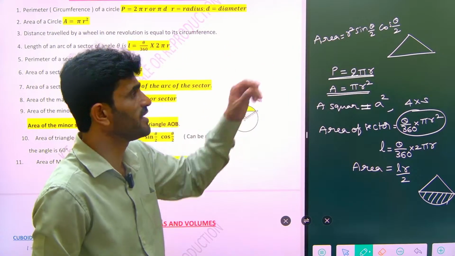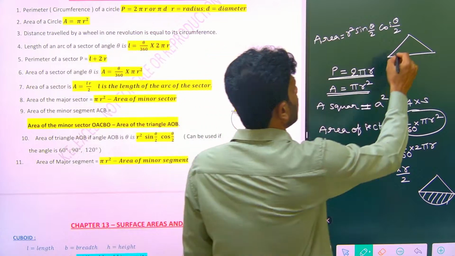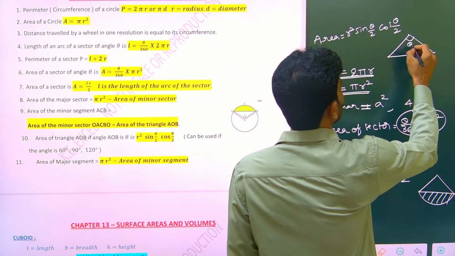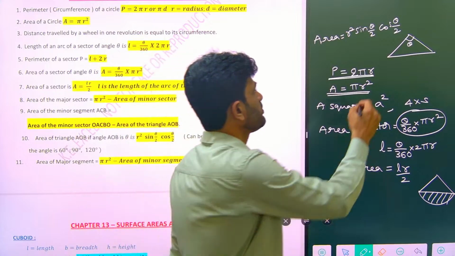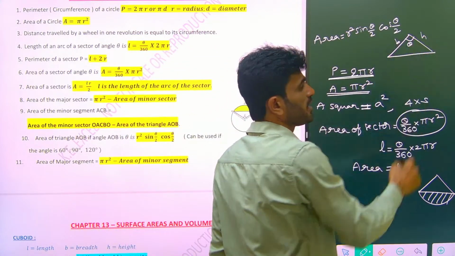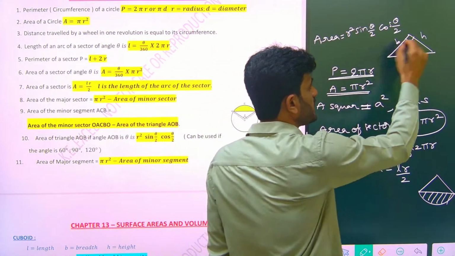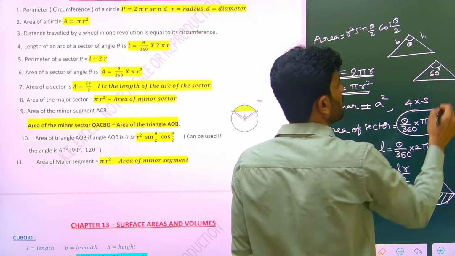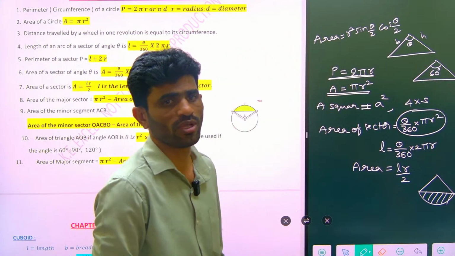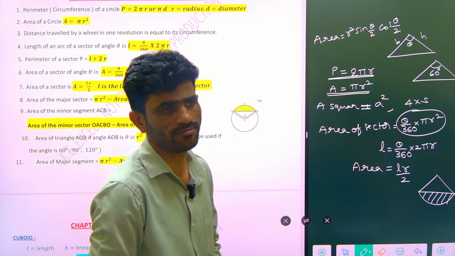Okay, the angle at the center is theta there. But if it is 90 degrees, instead of doing all this, directly half into base into height, because this is the base, this is the height in that case. If that angle is 90 degrees, half into base into height. If that angle is 60 degrees, root 3 by 4 a square, because it will become an equilateral triangle.